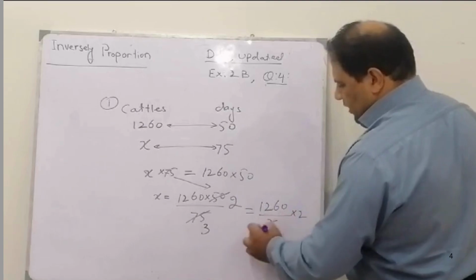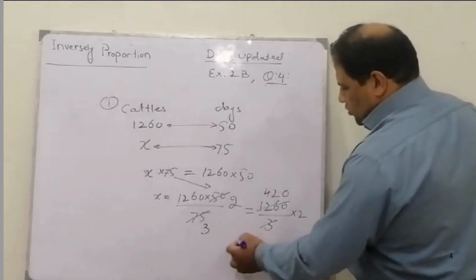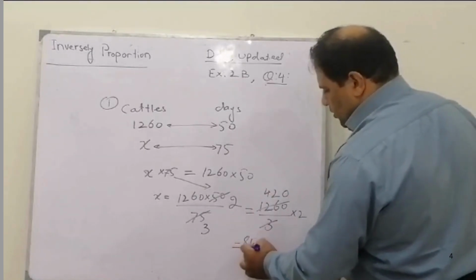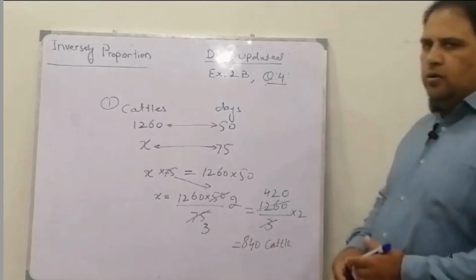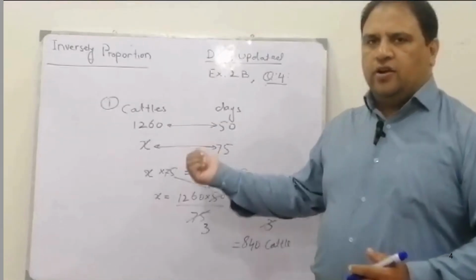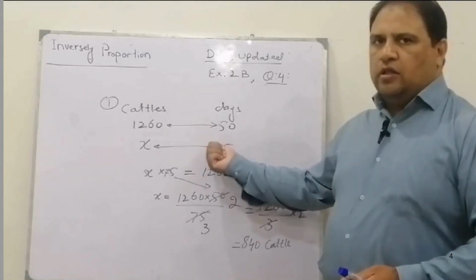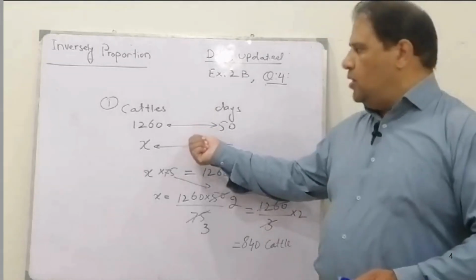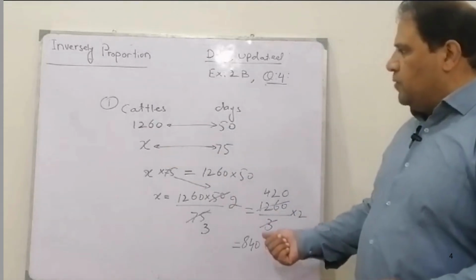We can cancel 1260 with the 3: 3 fours are 12, 3 twos are 6. So 840 cattle can be fed for 75 days. So you have seen that if we are increasing the number of days with the same quantity, we should have fewer cattle. So the answer is 840.